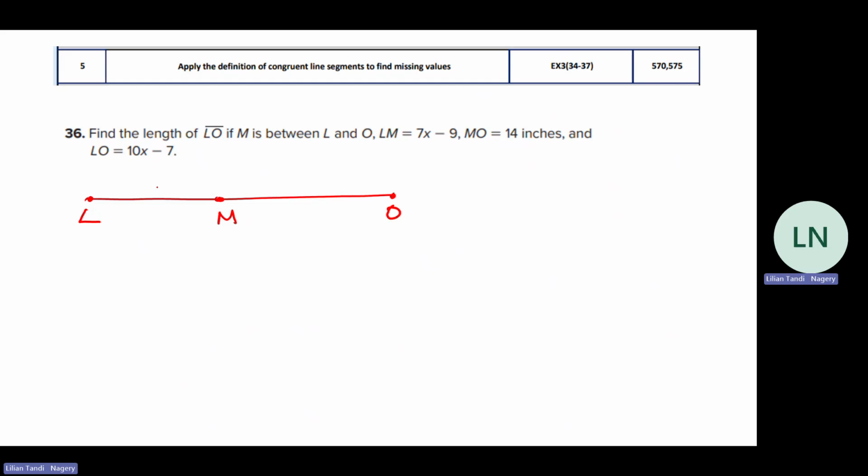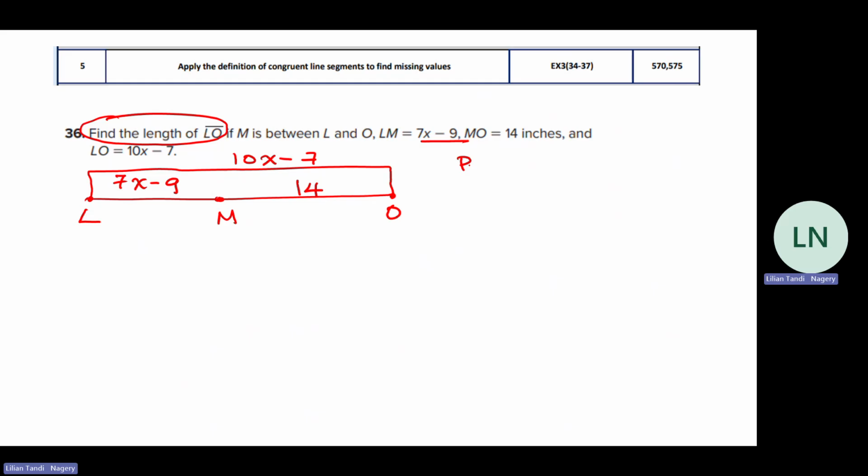According to the question, I know LM. So I want to find LO. This is what I want to find. I know LM is 7x minus 9. I know MO is 14 inches. And I know my big part LO is 10x minus 7.